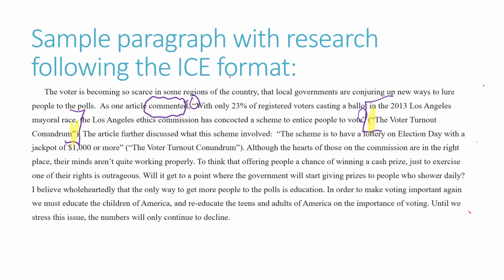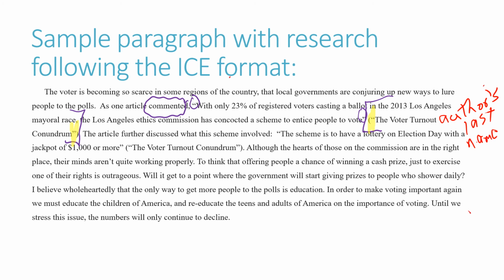Now, let me just verbally say, for example, if this article had had an author, instead of the title here, it would be the author's last name here. So let's say the author's last name is Smith.